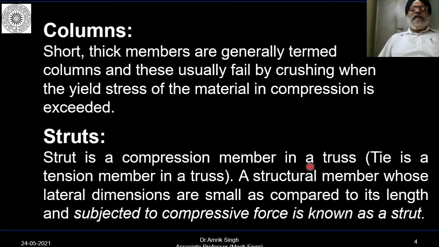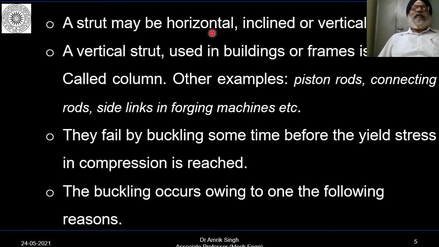Whereas a strut is a compression member which is used in a truss, and a tie is a tension member in the truss. A structural member whose lateral dimensions are small compared to its length, and which is subjected to compressive force, is known as a strut. A strut may be horizontal, inclined, or vertical.